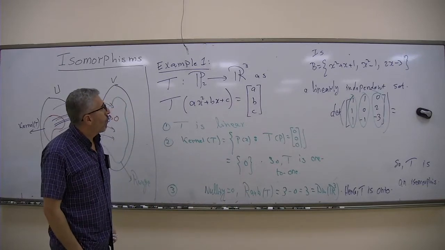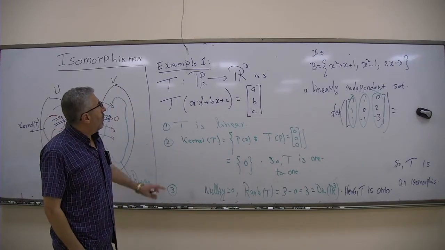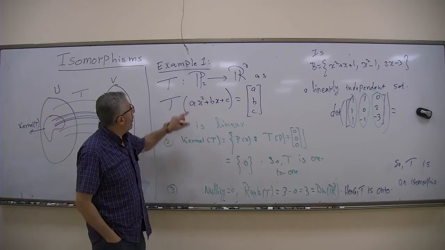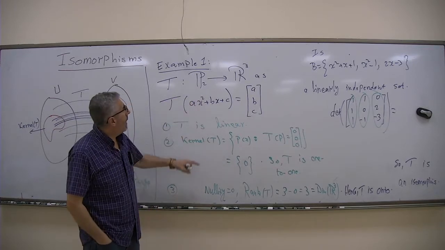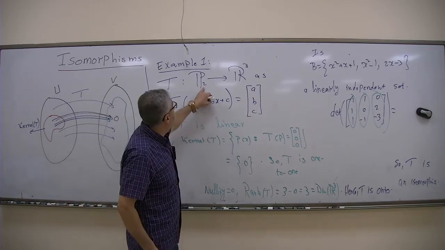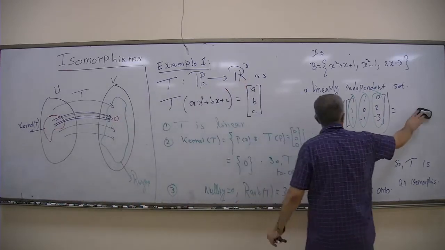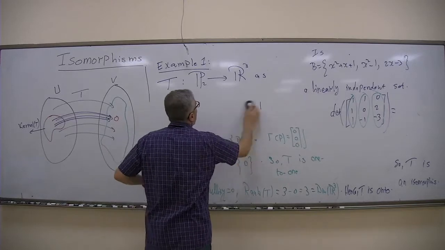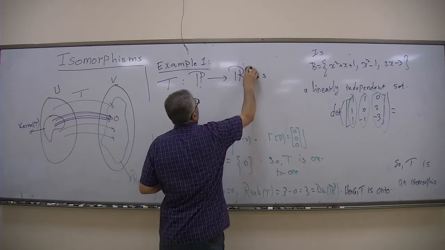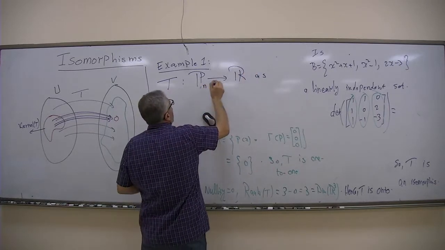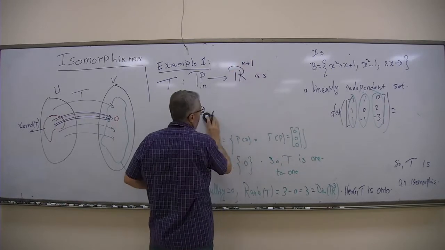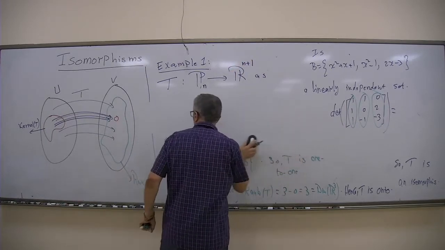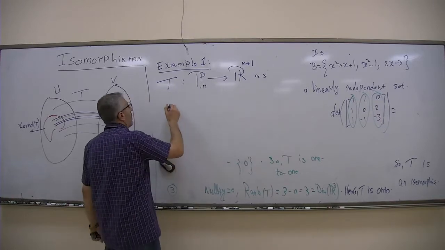Okay? All right. Now, from here, actually, you can generalize this and take it not only from P2 to R3, you can take it from Pn to Rn plus 1. And in the same way, I'll leave it for you as an exercise.